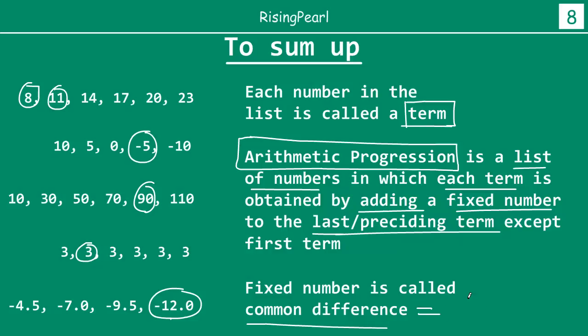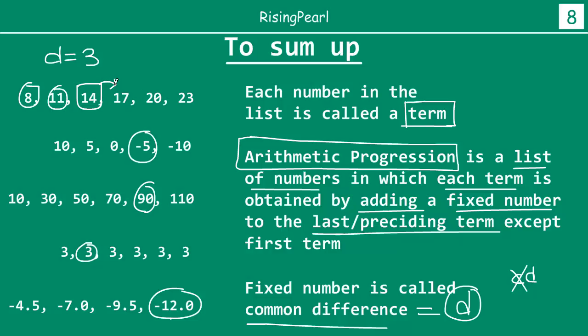And common difference is usually represented as D, because CD is just too long, so we just remove the C. So in this first example, our common difference was 3. If I take any term, for example this term, and add the common difference, then I get the next term, right? 17.